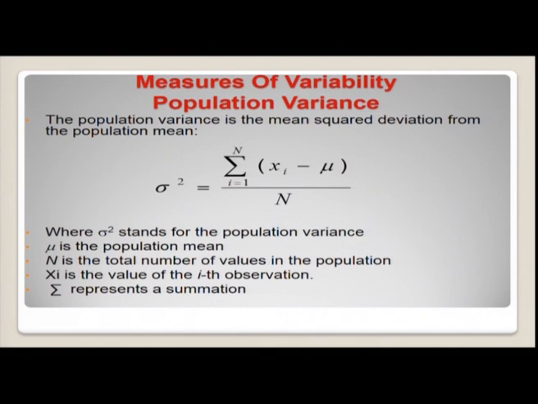The population variance is calculated with a formula: sigma square equals the summation of i equal to 1 to n of (xi minus mu) squared, divided by n, where sigma square stands for population variance, mu is the population mean, n is the total number of values in the population, xi is the value of the ith observation, and sigma denotes summation.